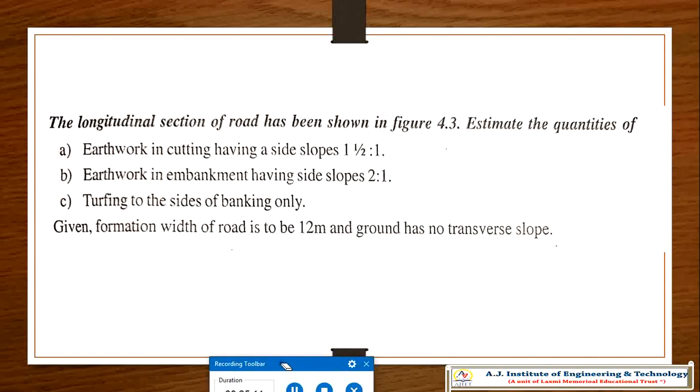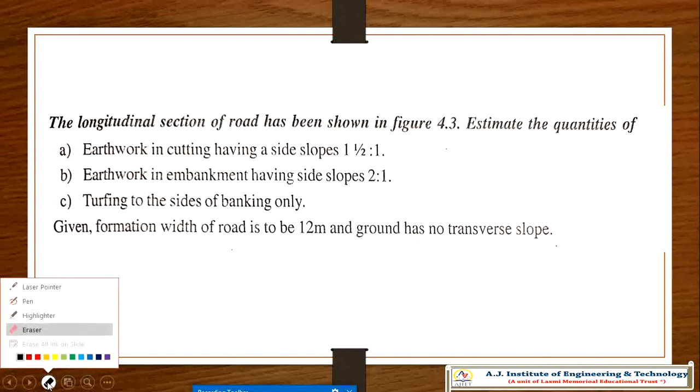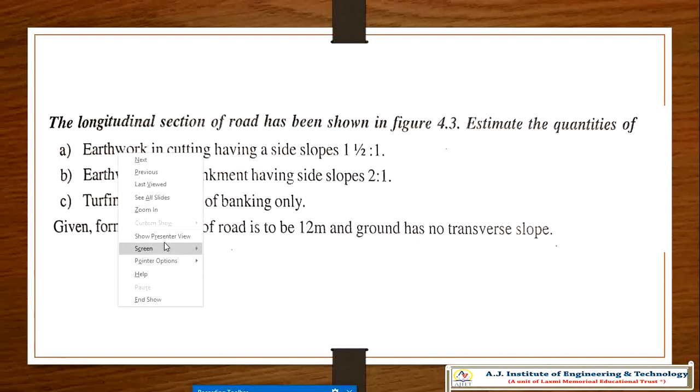So here we have a method to follow, the mean sectional area method or mean area method. How to calculate? Mean depth is different. In mean depth, we are taking the depth itself and an average. So now take one road.